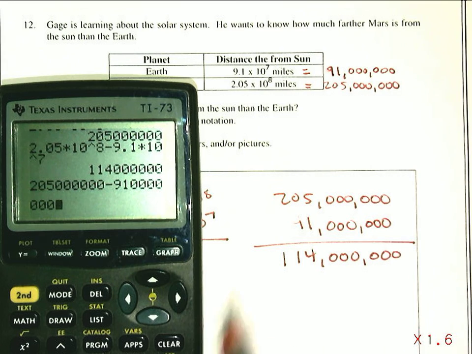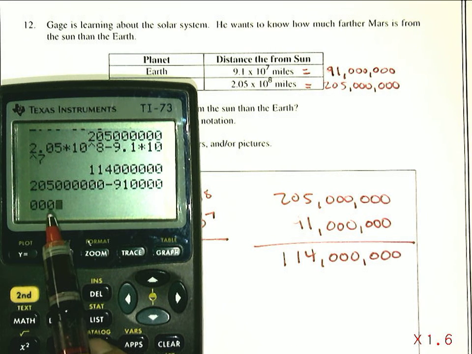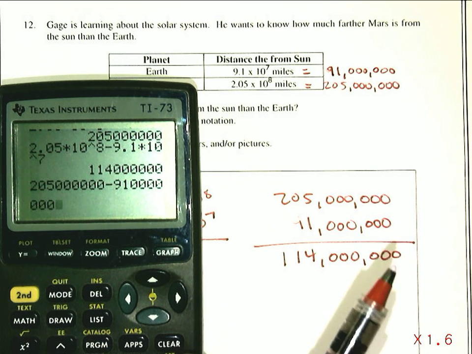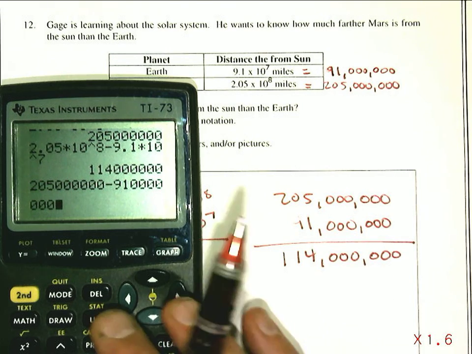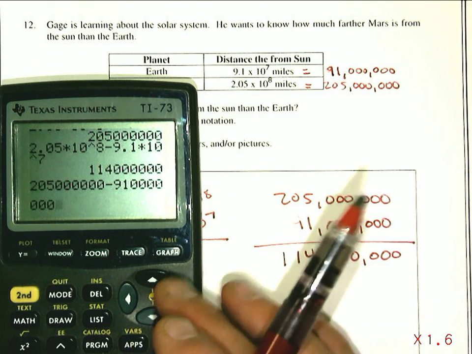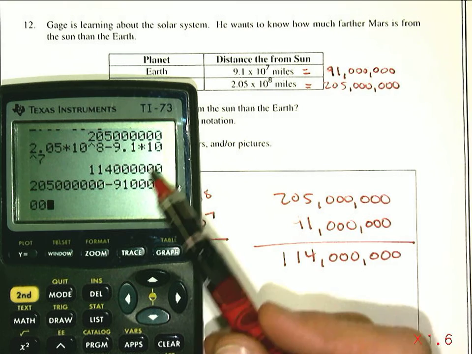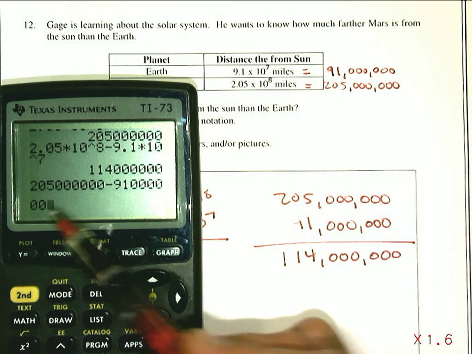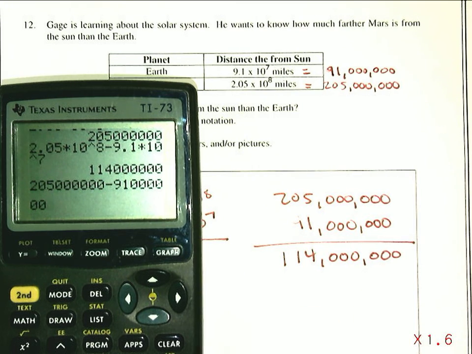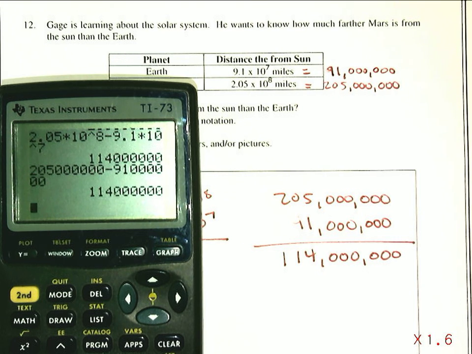The hard part about this is making sure I get the right number of zeros in there. I think I have an extra 0. So if I delete that one, because I should have 1, 2, 3, 4, 5, 6 zeros. That's why scientific notation can be helpful. And I get 114 million like I expected.